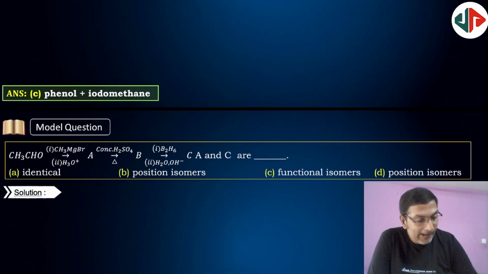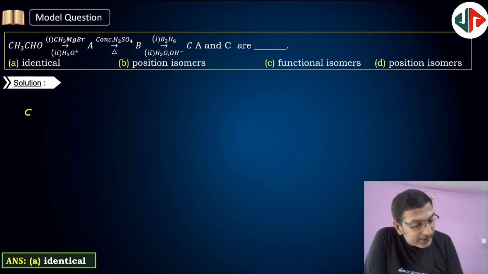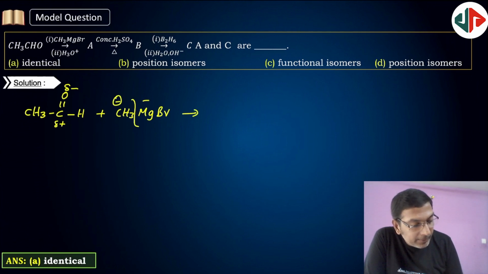Next. This is also very important. CH3CHO, which is acetaldehyde, delta minus and delta plus, with CH3MgBr, methyl magnesium bromide, Grignard's reagent. Here minus and plus, nucleophilic addition.